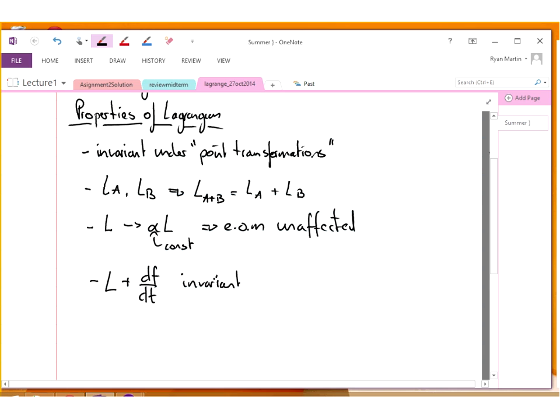This is because the equations of motion are given by Hamilton's principle, which says that the integral of the Lagrangian over time must be stationary, and if you add a total time derivative to the Lagrangian, that integrates out when you take the action. As we saw last time, that didn't change the equations of motion. Any questions about that?